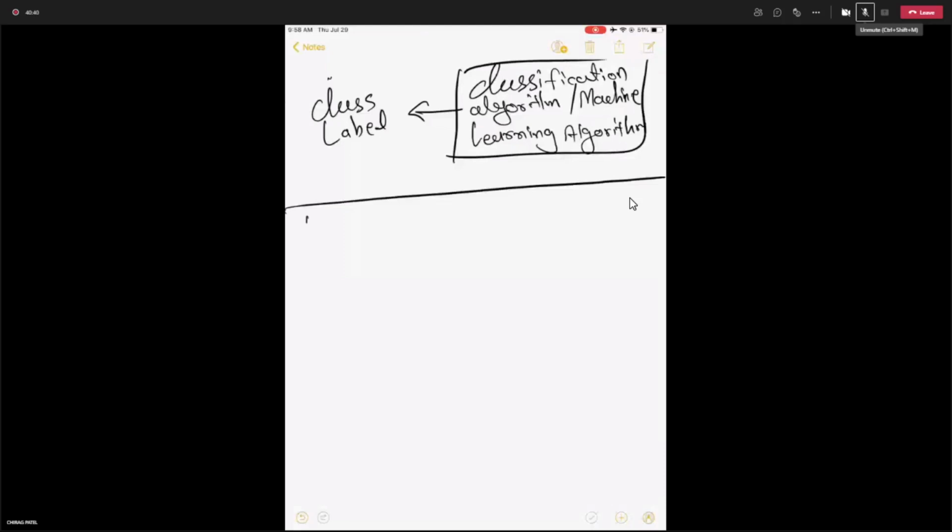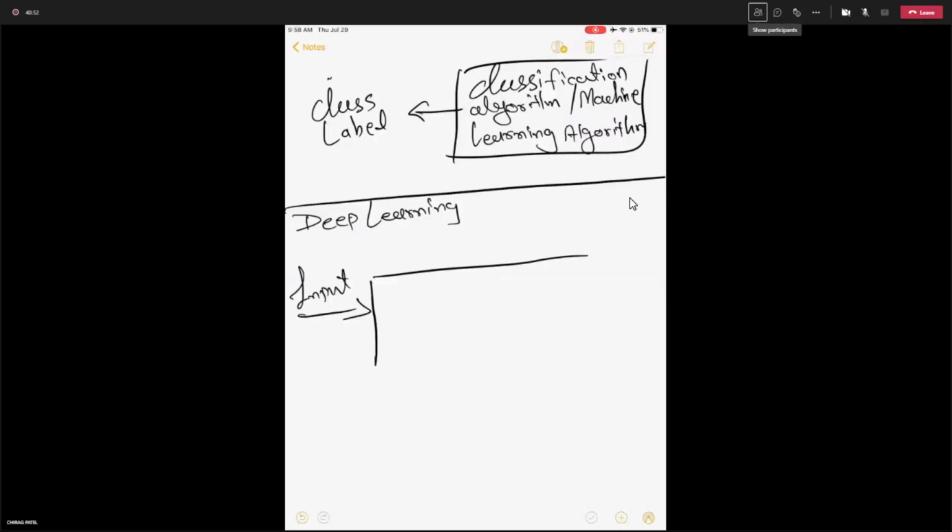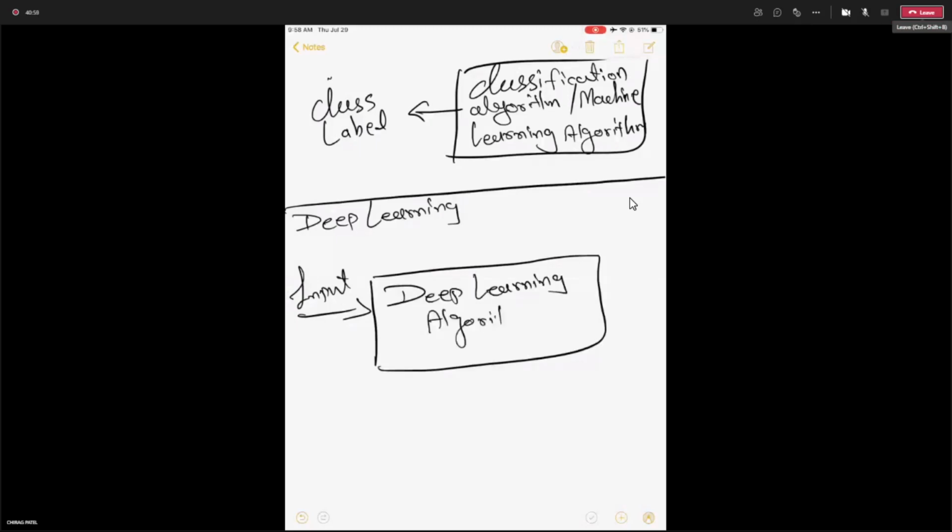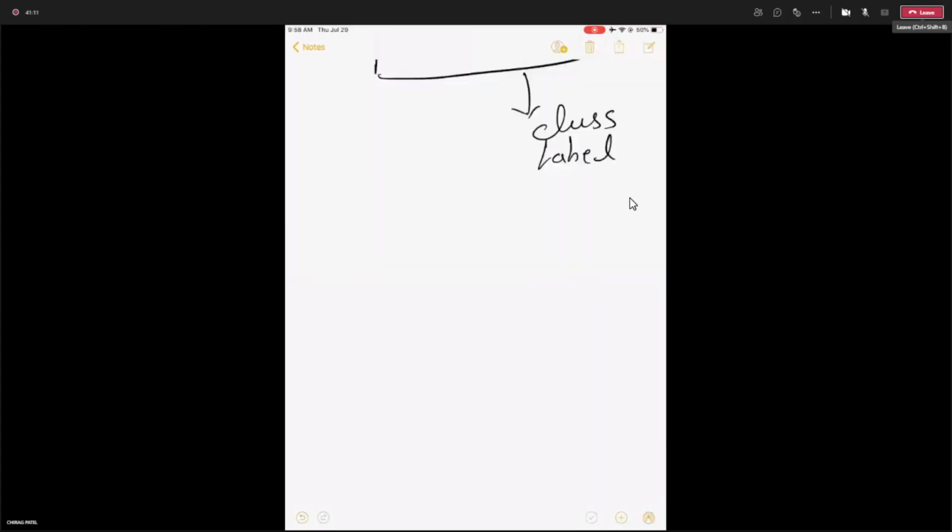And the diagram, if I need to explain deep networks, what's the difference between these two things? This is your input, this is your deep learning algorithm, and this is your class label. Right? Now we're just going to open this box. You might get some idea. This is your input.